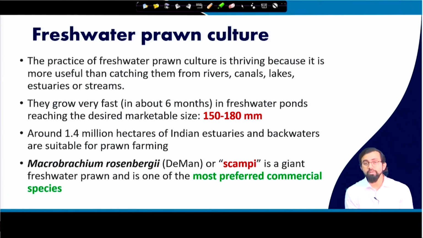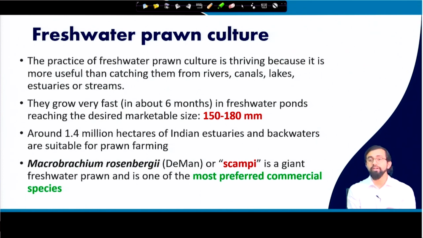Within 6 months, it reaches its mature stage, or marketable size of 150 to 180 millimeter. Around 1.4 million hectares of Indian estuaries and backwaters are suitable for prawn farming, but it is not being utilized fully.